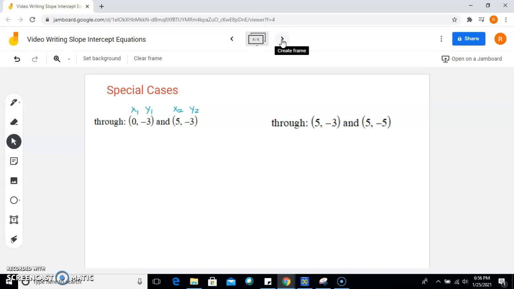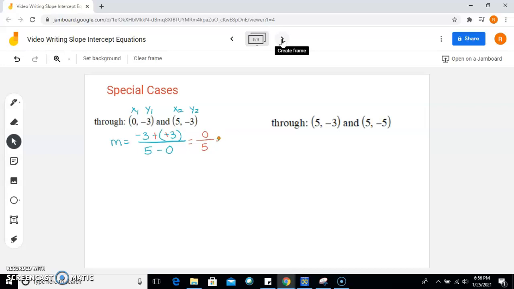To write the equation of a line from 2 points, the first thing we have to use is our slope formula. y2 minus y1 over x2 minus x1. So I have negative 3 minus negative 3. I know that changes to plus. So negative 3 plus 3 is 0. And then 5 minus 0 is 5.